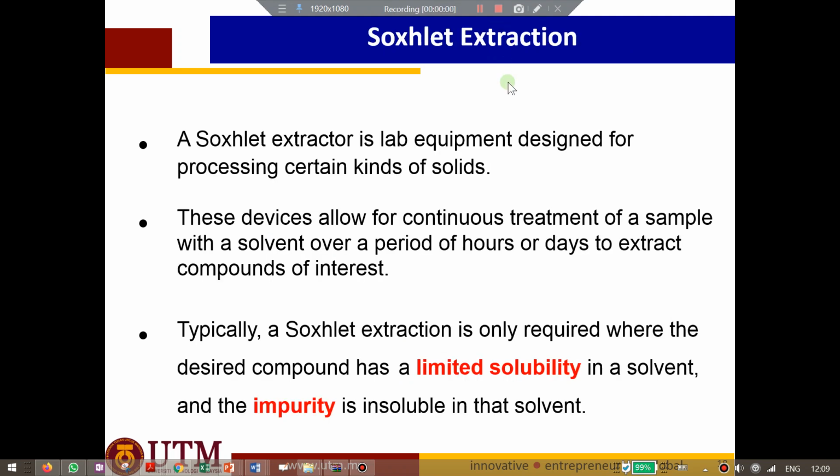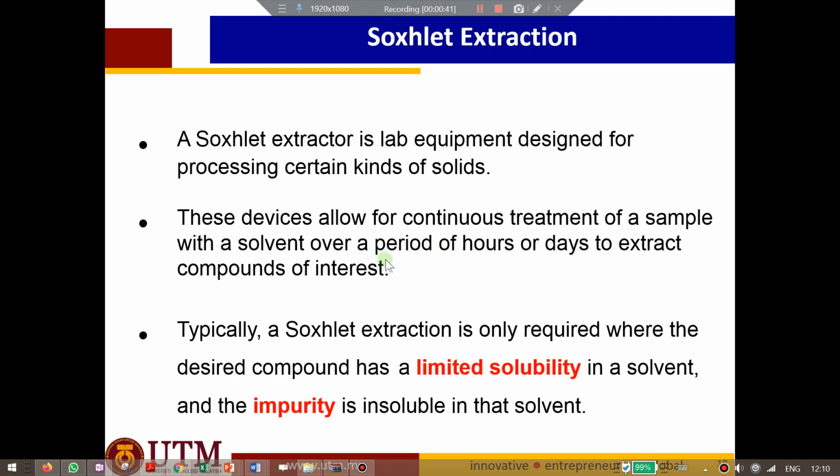The name of the extraction method is the Soxhlet extraction. A Soxhlet extractor is lab equipment designed for processing certain kinds of solids. This device allows continuous treatment of the sample with a solvent over a period of hours or days to extract the compound of interest.